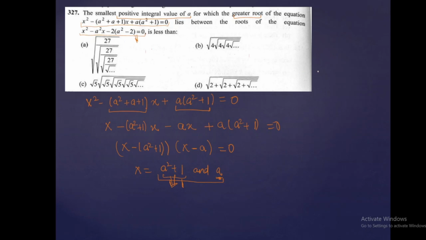Equation number 2 has a positive coefficient of x², right? And since they are saying between the roots, the graph of this second quadratic will be like this. Root 1 will be over here and root 2 over here; this is alpha, this is beta. We are saying the root of the first quadratic, a² + 1, lies in between.